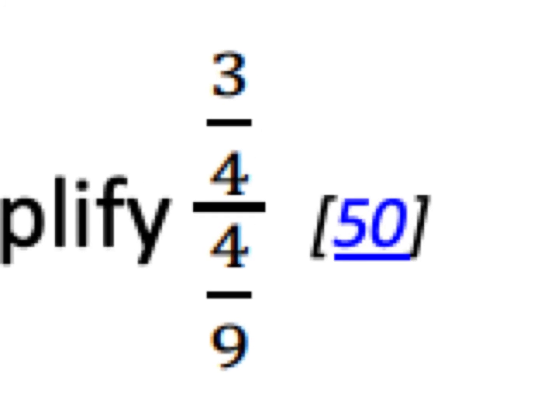Another fairly easy one, because we've talked about it a few times, but I bet some of you have forgot. This means 3/4 divided by 4/9, but you would probably want to change it to multiply. So 3/4 times 9/4.